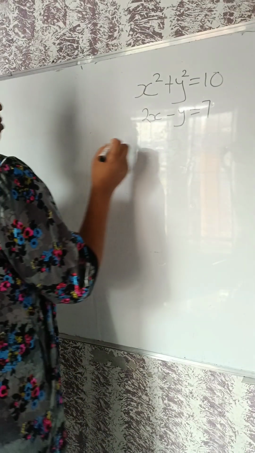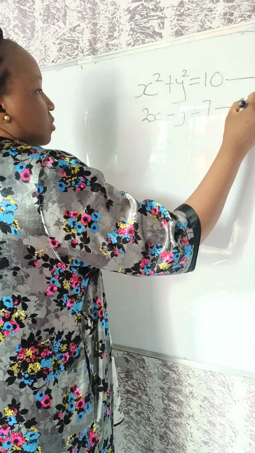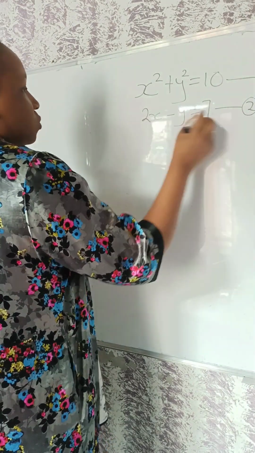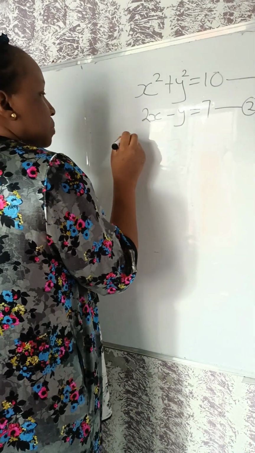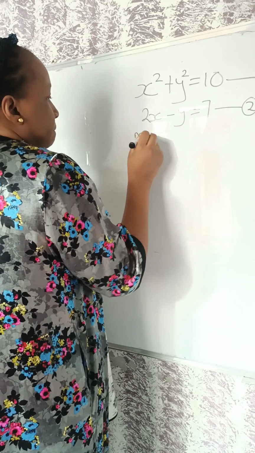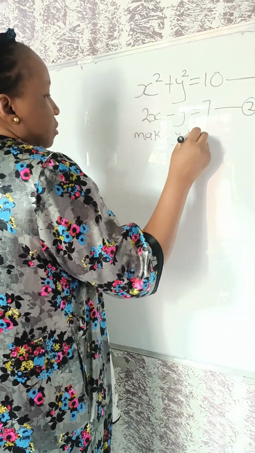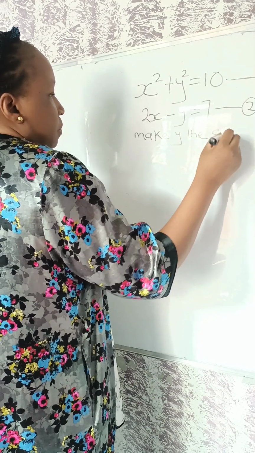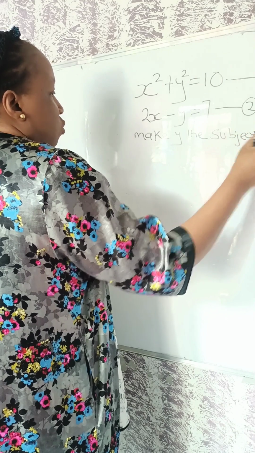So let's solve this first. This is our first equation, second equation. With the second equation, we make y the subject of the formula. Make y the subject of the equation.